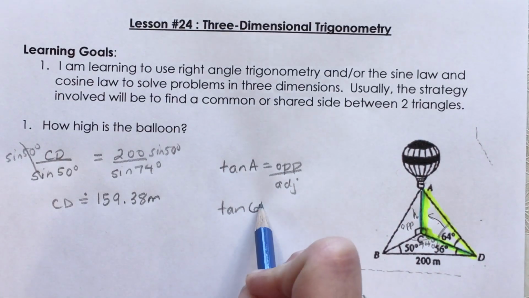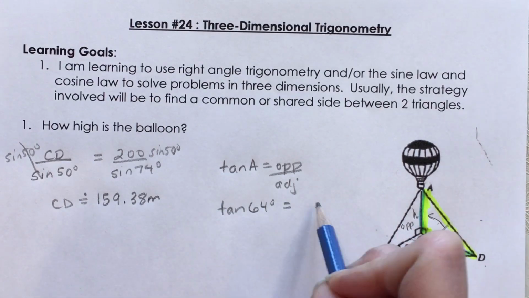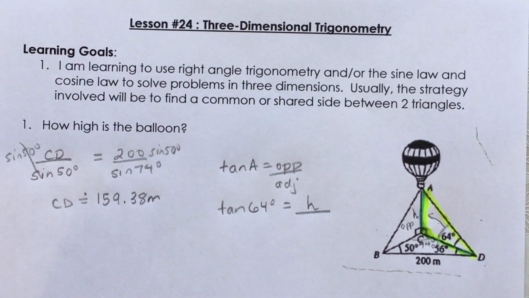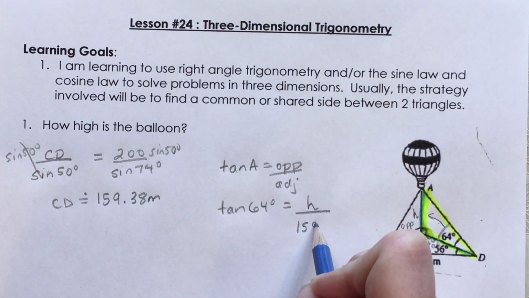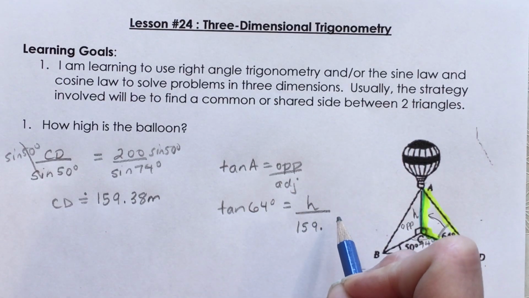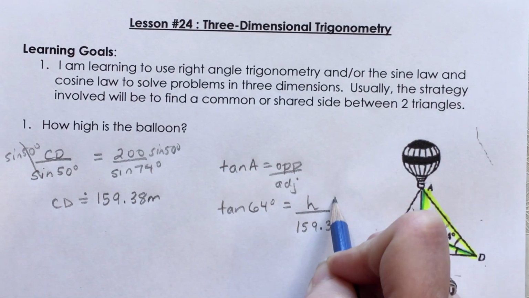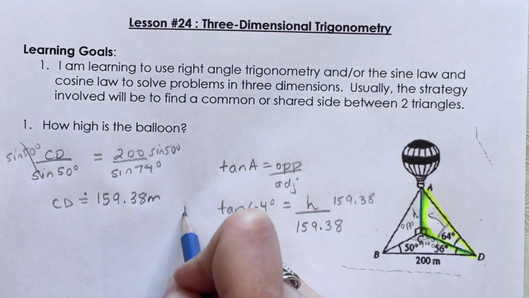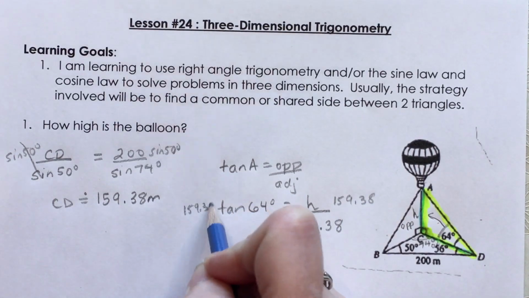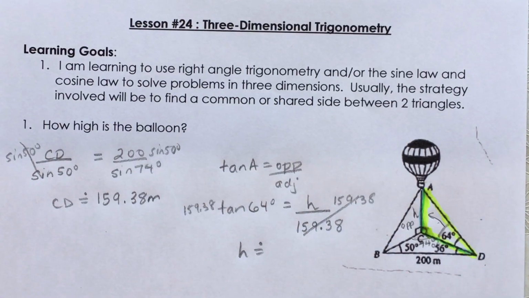So the tan of 64 degrees is the length of the opposite side, which is what we're trying to find, the height of the balloon above the ground, over the adjacent side, which we calculated to be about 159.38 meters. Multiply both sides by 159.38. And we'll get a value for the height of the balloon above the ground.